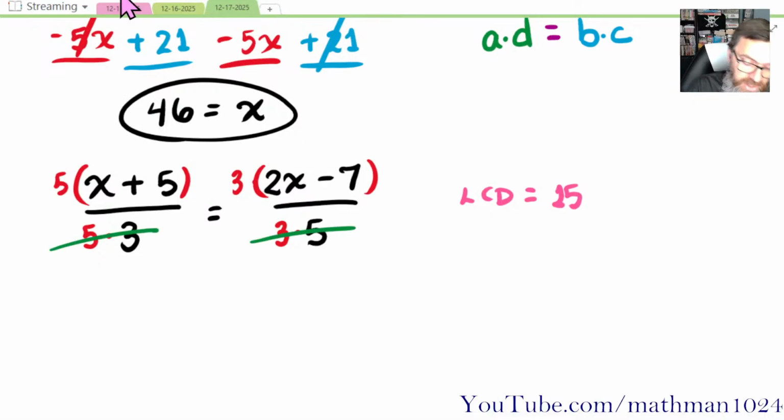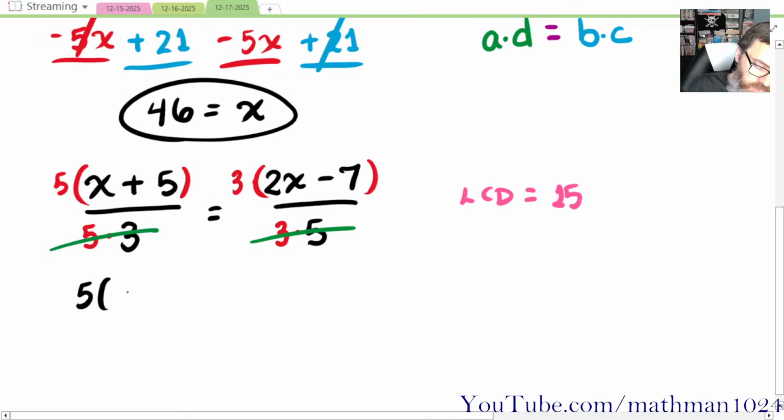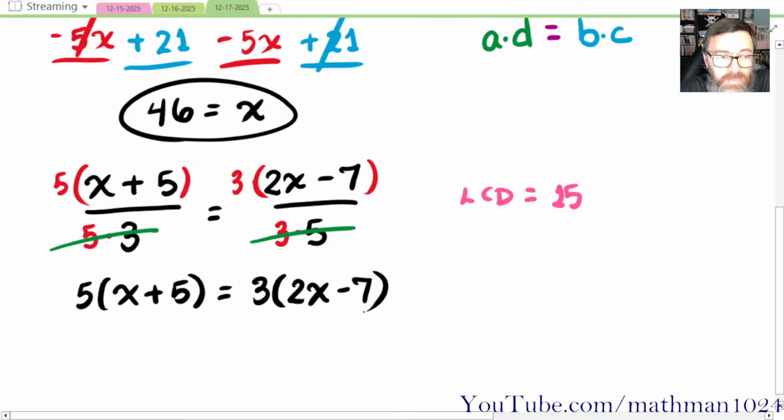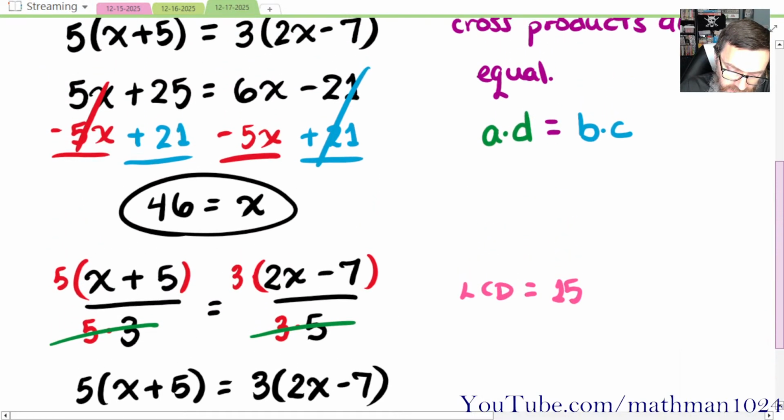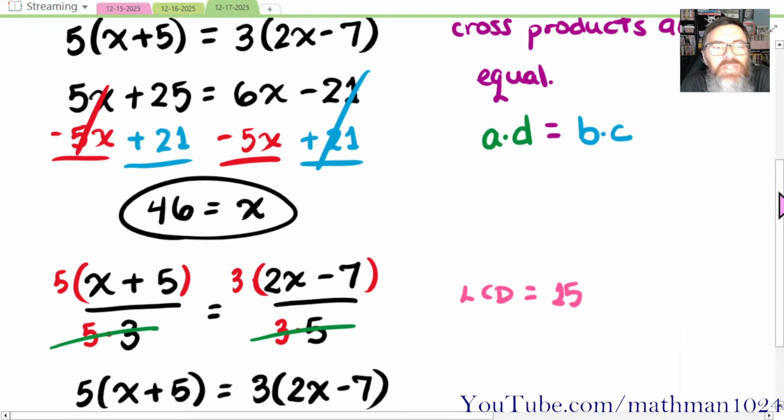So I can just ignore those and work on the equation formed by these numerators. If you scroll back up, you'll see that's exactly what I had when I set the cross products equal to each other. So there are multiple ways to do the exact same problem.